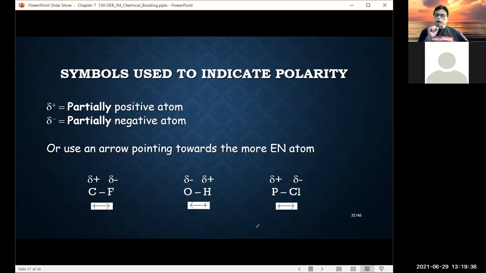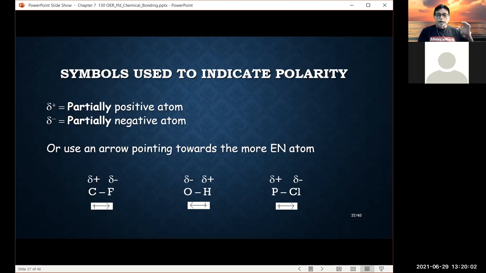We see that chlorine is a lot more electronegative than phosphorus. You might think, wait a minute, phosphorus, but think about it: chlorine is right underneath fluorine on the periodic table. It's touching fluorine, if you will, so it's a lot more electronegative. So the arrow goes from left to right in this scenario, with chlorine being a lot more electronegative.